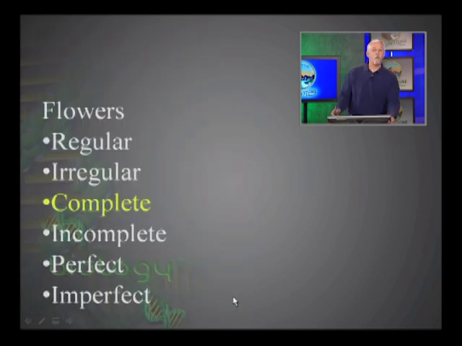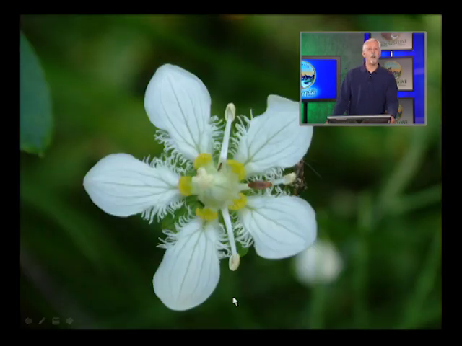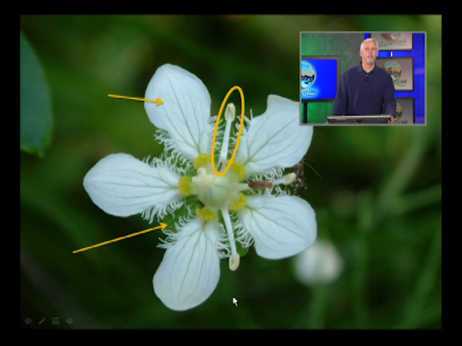Other flowers we describe as either complete or incomplete. A complete flower is one that has all of the parts that we've discussed. So a complete flower will have petals, sepals, stamens, and pistils or carpels. If all of those parts are present, we refer to that as a complete flower.